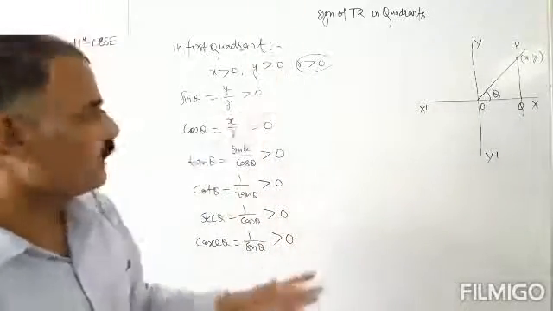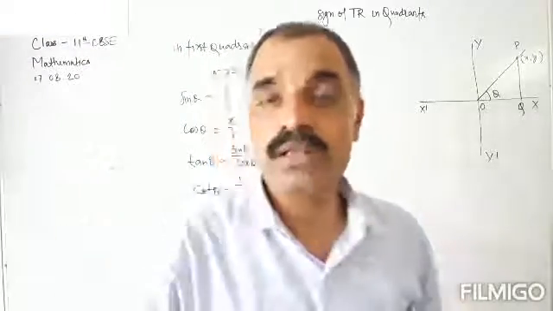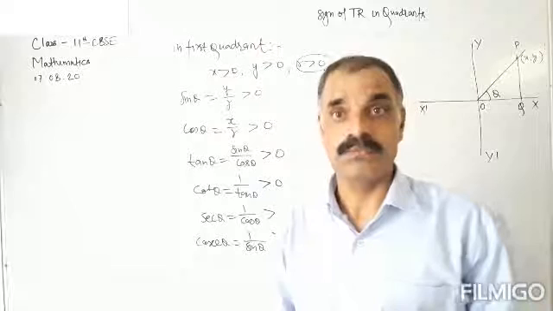It means in first quadrant all the trigonometric ratios are positive.